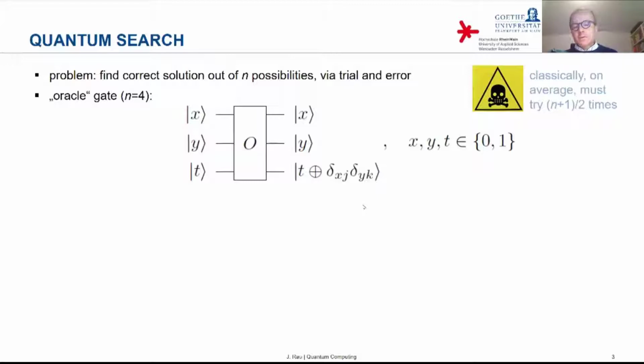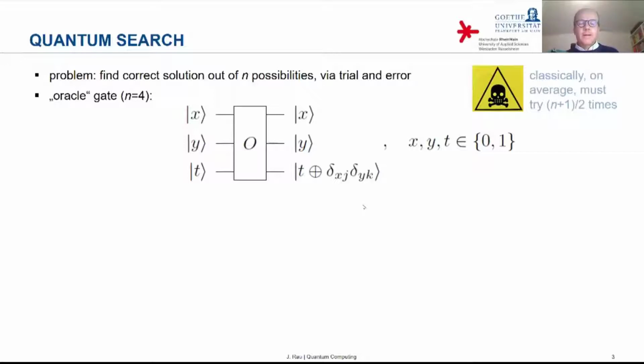Then if you were looking for the right solution classically, on average you would have to check 2.5 solutions. The number of trials, from 1 to 4, are all equally likely, and the average number of trials would be 2.5.